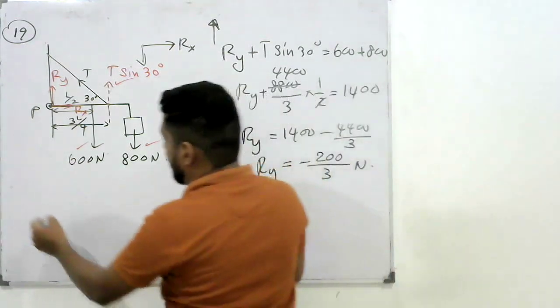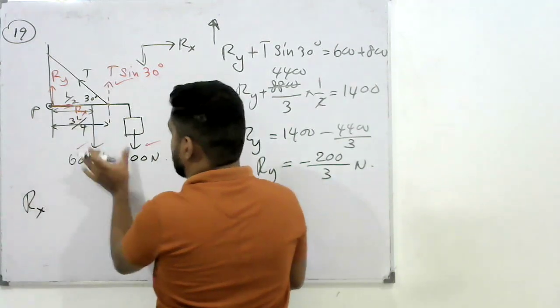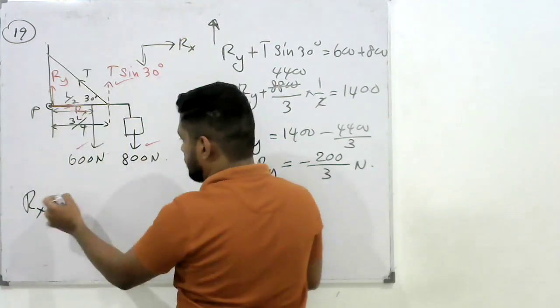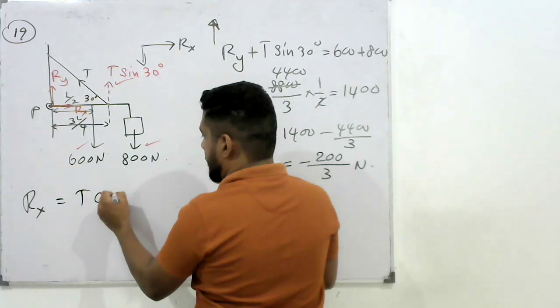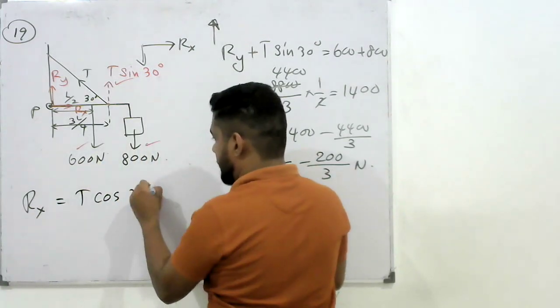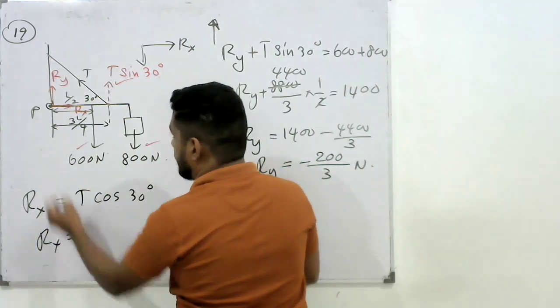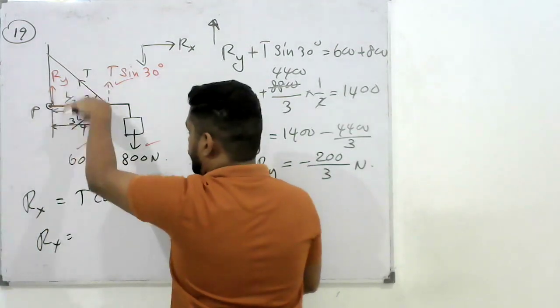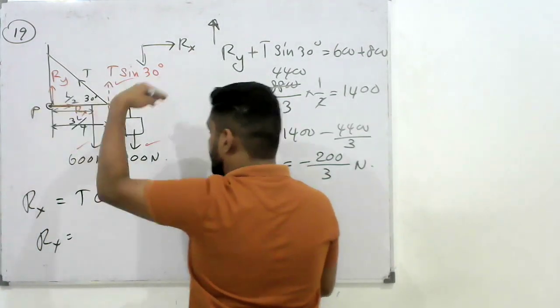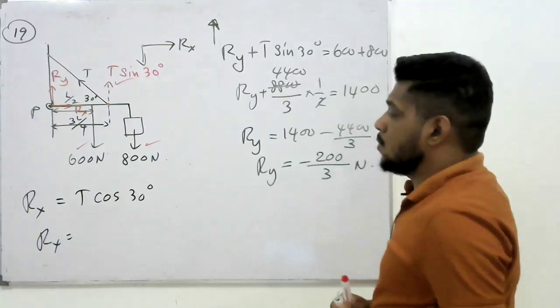Then we can find Rx. Easy. The only force is T cos 30 and Rx. There are only two forces: this component and Rx.